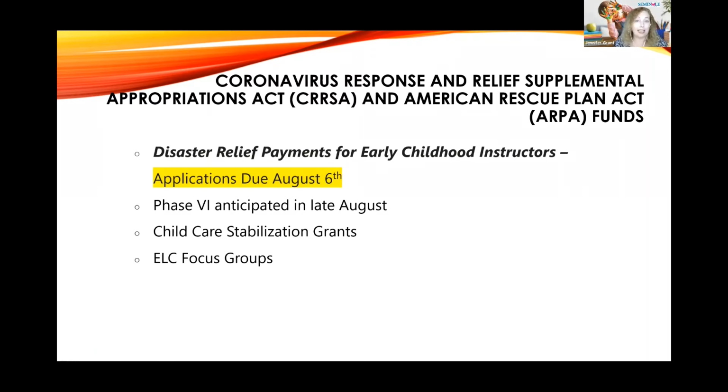The disaster relief payments for early childhood instructors is a totally different pot of money. The coalition is not managing it. We're just trying to get the word out to all of you and help you apply. And that comes from the coronavirus response and relief money, and the state of Florida is managing that through the Department of Education, Division of Early Learning. So two different buckets of money.